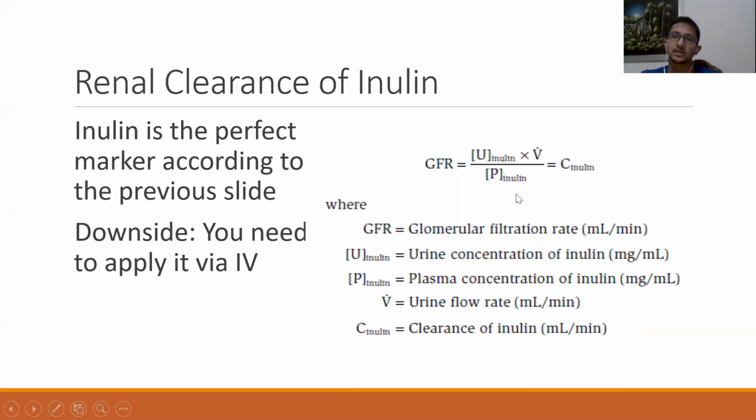Usually they have a catheter attached in these situations, and with this measurement you can find out the renal clearance, you can find the glomerular filtration rate. So this is a formula for the clearance of inulin, and it just so happens that the clearance of inulin is equal to the glomerular filtration rate.